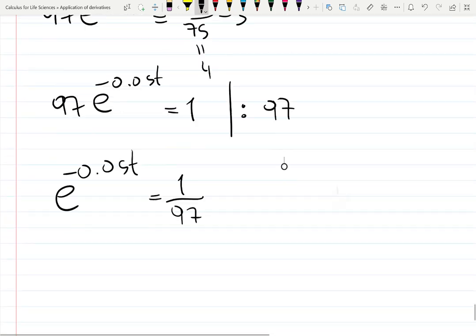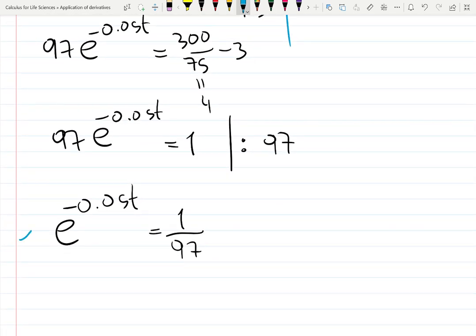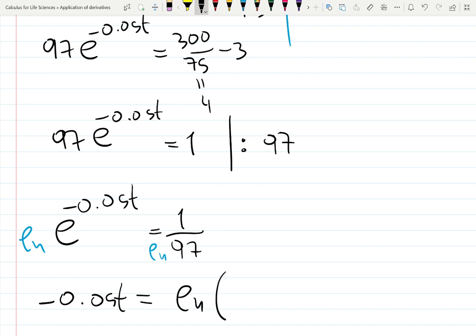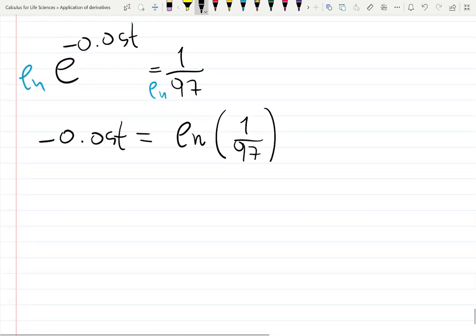Finally, this is the step when you apply the logarithmic function. ln of both sides gives you negative 0.05t equals the logarithm of the right hand side, no matter what is there. We're lucky to get 1, but don't be afraid if it's not. Something on the right hand side is now inside the logarithmic function. Finally, solve for t. Divide by whatever that thing is.